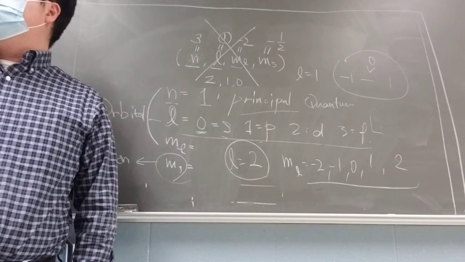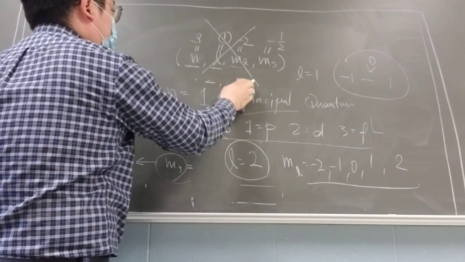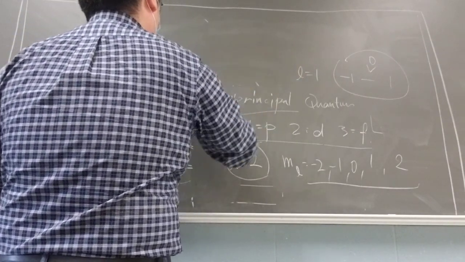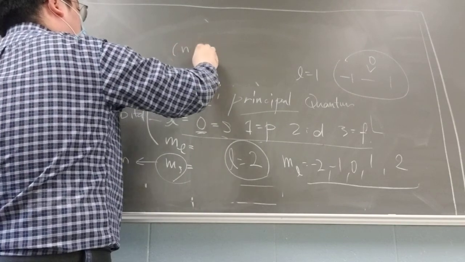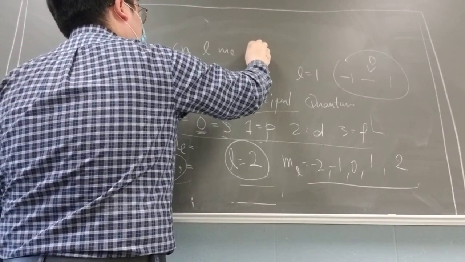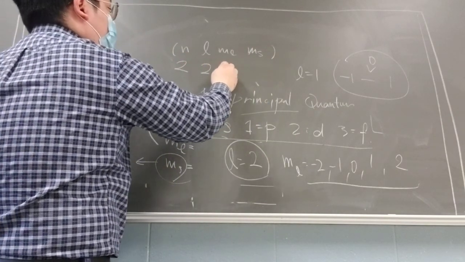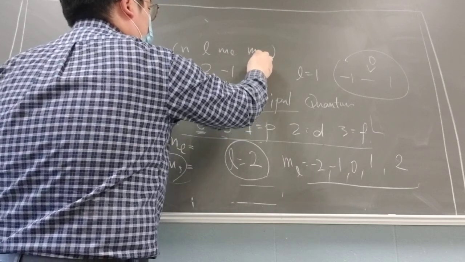Does it make sense? So same here. If you have this quantum number combination, maybe 2 and 2, -1 and plus.